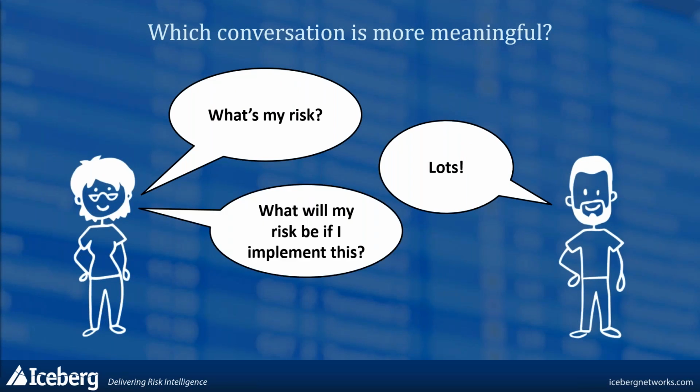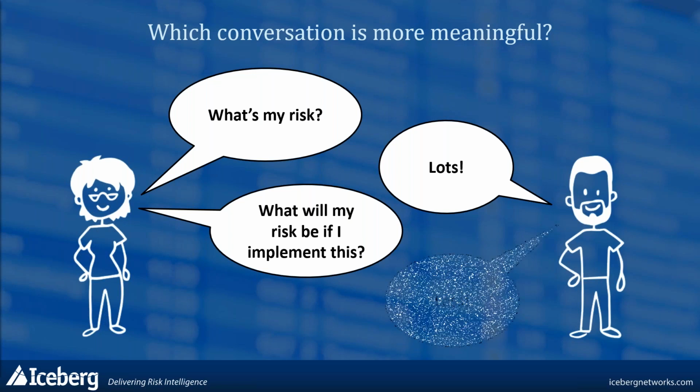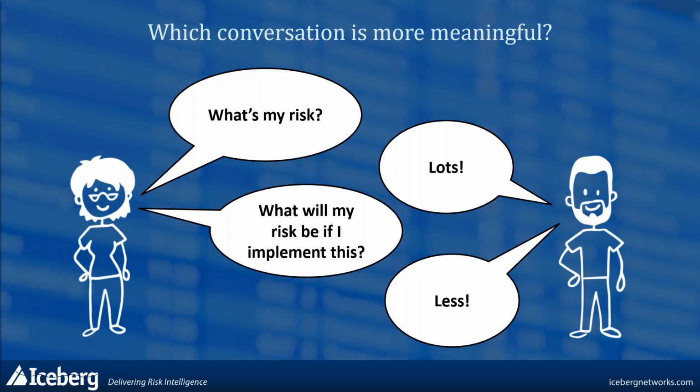When she wants to know how much the risk will be if she implements the changes, she's informed that it will be less. While I know that none of us would use these exact words, sometimes risk nomenclature can sound vague and imprecise. Going from a high risk to a low risk lacks context and doesn't provide you with sufficient information to make informed decisions.